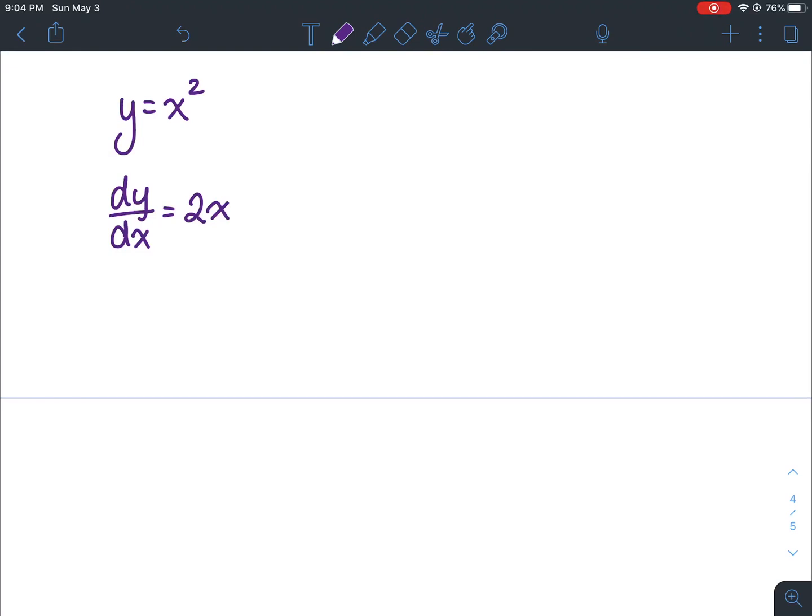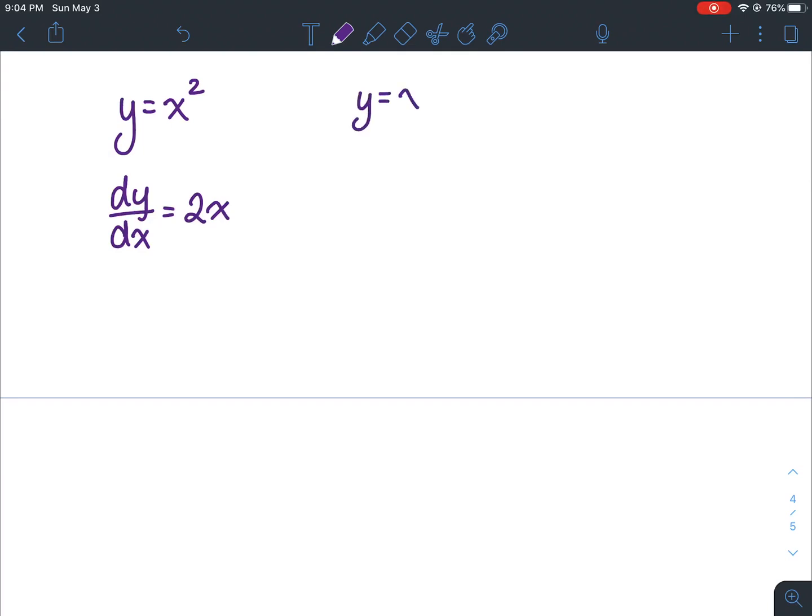So we could predict things like, if we had a function like x to the power of 39, a 39th degree function, probably the derivative of that would end up being a 38th degree function. So a derivative always seems to be 1 less.